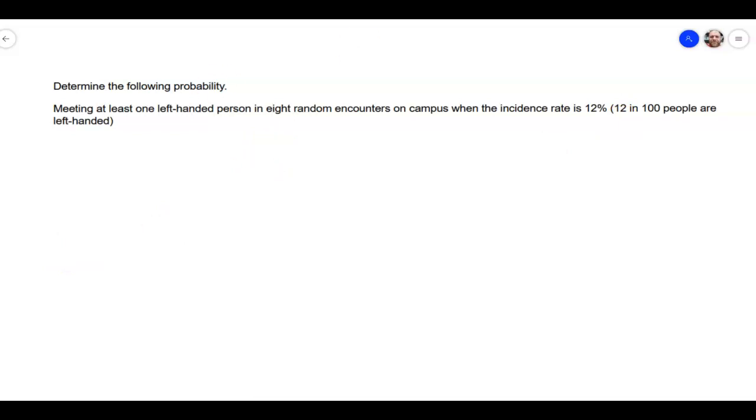I want to do this a little bit differently, just to show you what we're doing here. If I were to set up an x and a probability of x, a probability distribution table, and I were to say, what are all the possibilities for X?